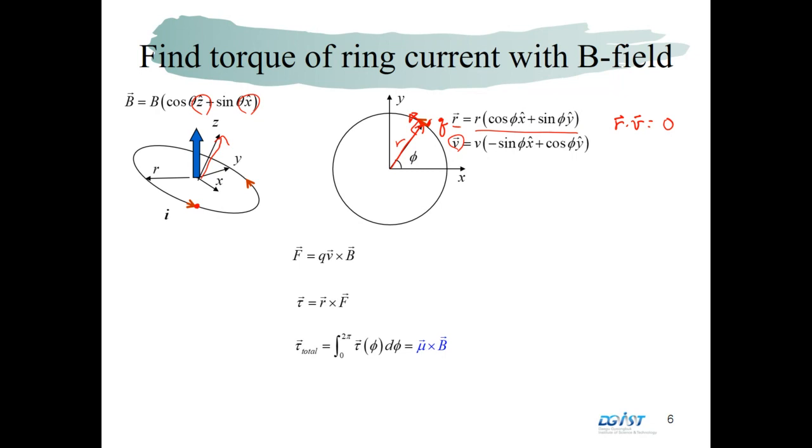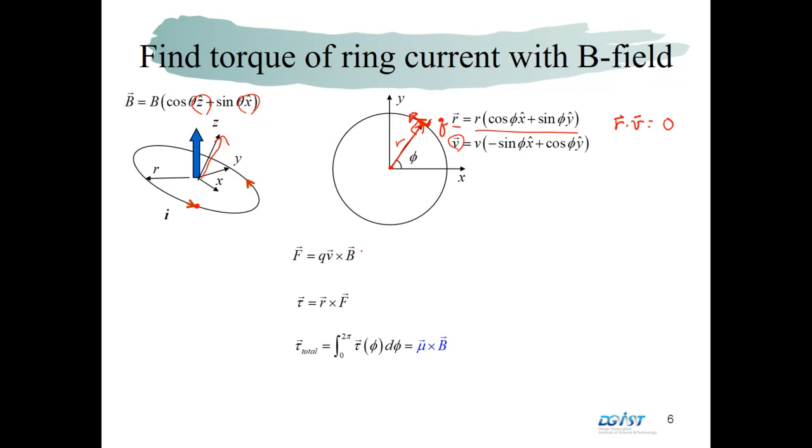And now let's think about the force acting on this circular motion charge. Now the B field is in the xg plane, so it is not in the g direction. It has some x component. So it's not that simple compared to the circular motion of the charged particle with a g direction magnetic field.